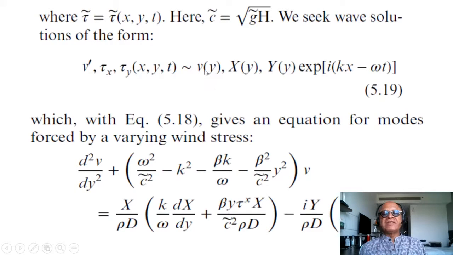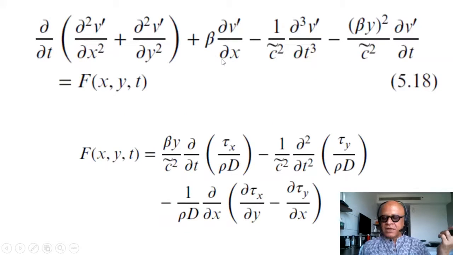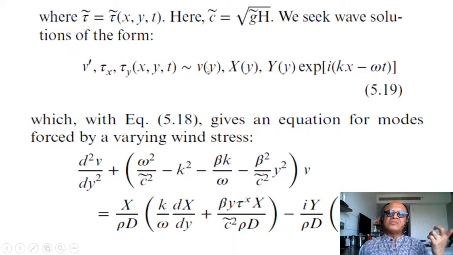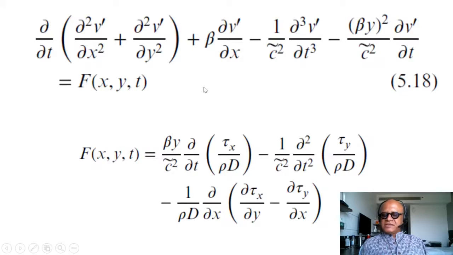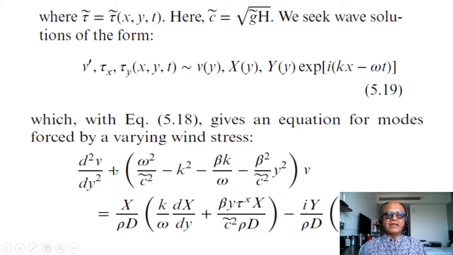Because the coefficients are linear, we can write that in terms of functions in x and y: X is a function of y, Y is a function of y, times the waveform, which with equation 5.18 gives an equation for modes forced by varying wind stress. So this is 5.18, and we are going to reduce that to this harmonic equation or waveform.